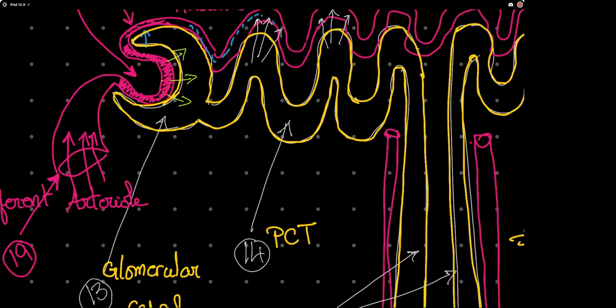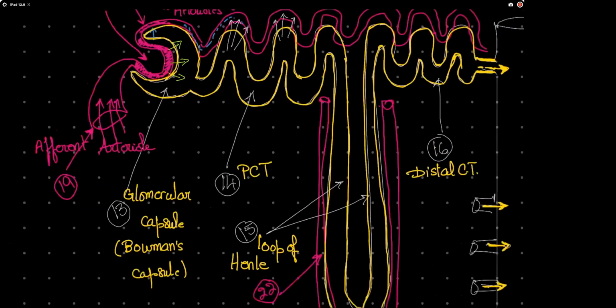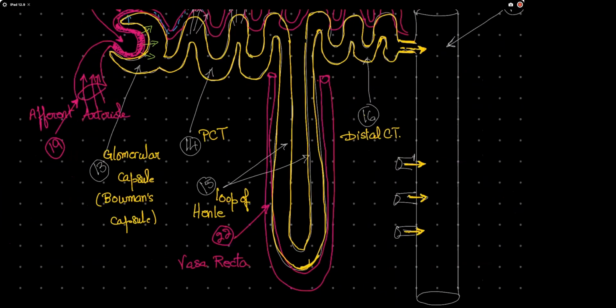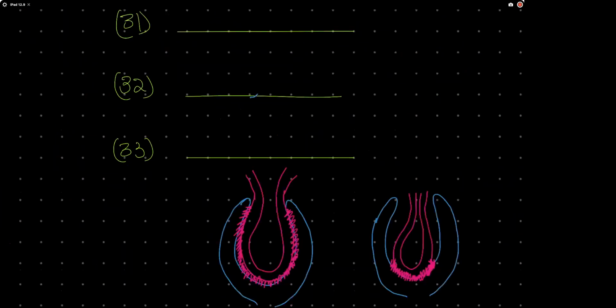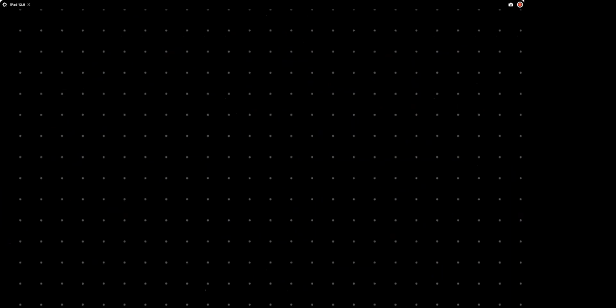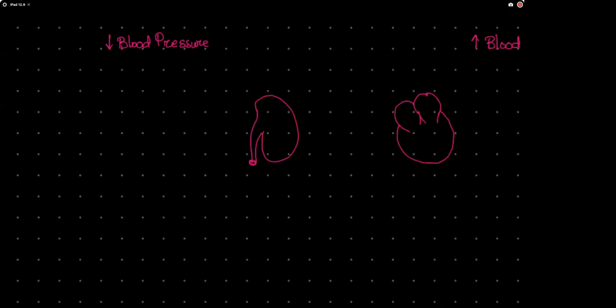I won't have filtration taking place, and the kidney will fail to extract the urine from the blood. So it makes perfect sense that the kidney here is trying to maintain a normal blood pressure in case of a decline in the blood pressure.